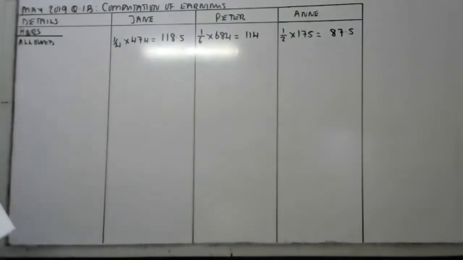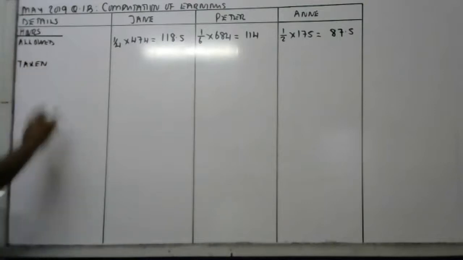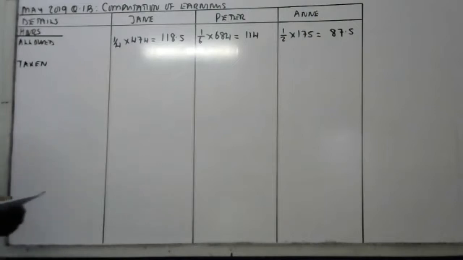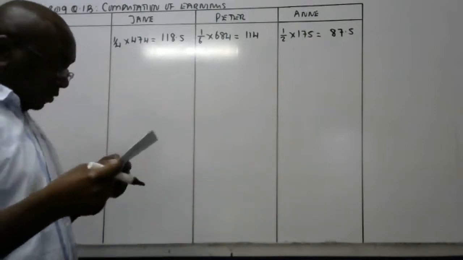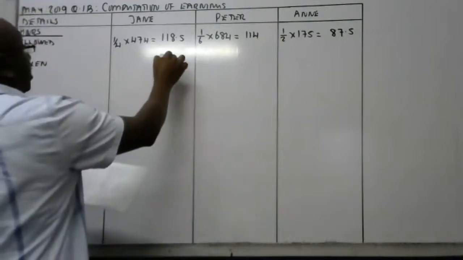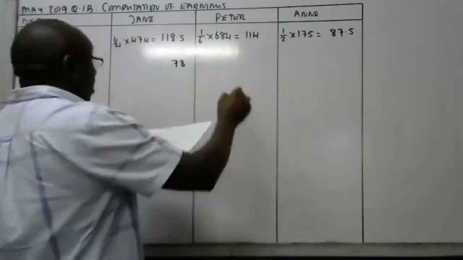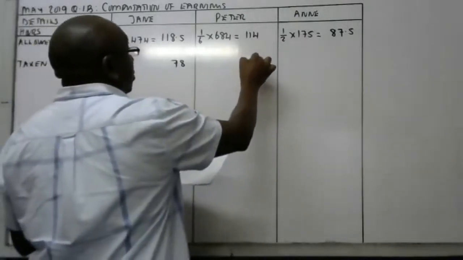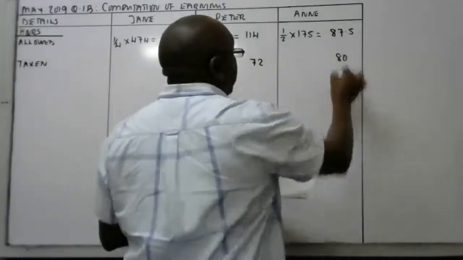So the next one is you bring the hours taken. The hours taken are provided already. So this is 78, this is 72, and this is 80.